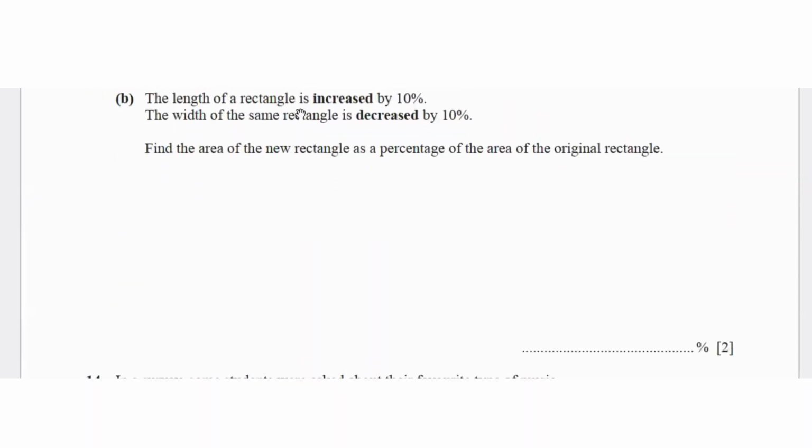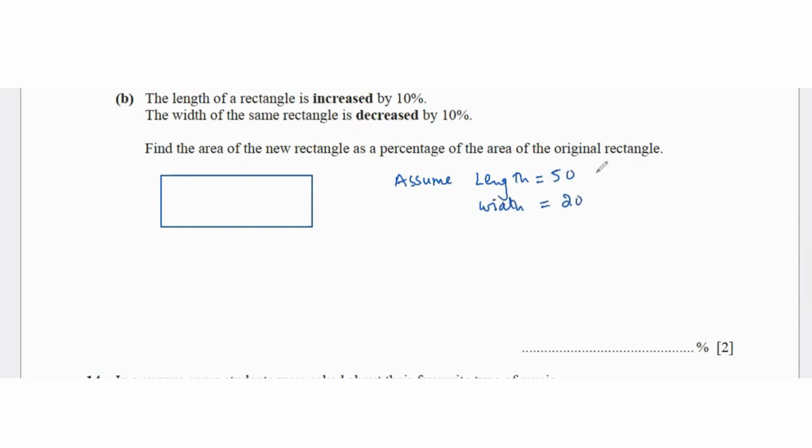Part B says the length of a rectangle is increased by 10%. Width of the same rectangle is decreased by 10%. Find the area of the new rectangle as the percentage of the area of the original rectangle. So let's assume that your length is 50 and your width is 20.